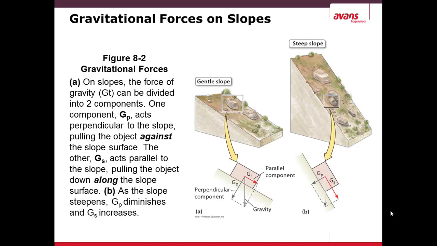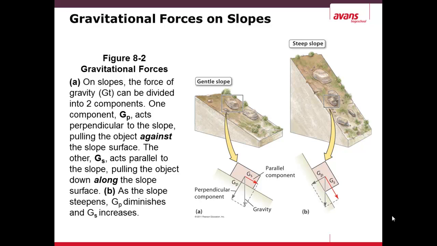In this figure, you see these two opposing forces. In A, you see a gentle slope in which the GP, the gravity perpendicular to the slope, is pulling the object against the slope surface. The GS is the parallel force on the slope, pulling the object down and along the slope surface.